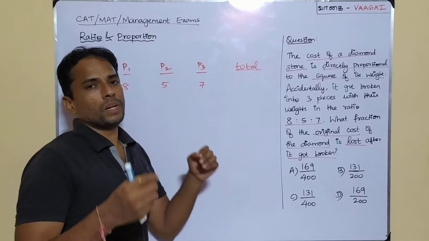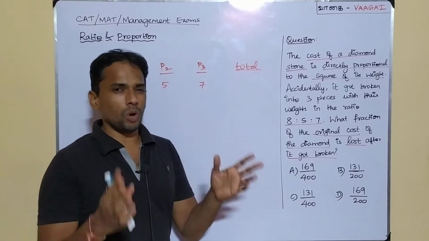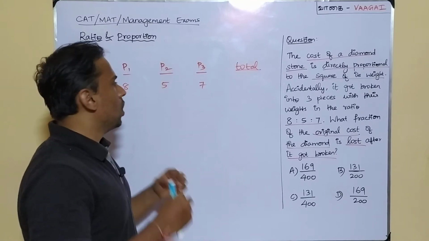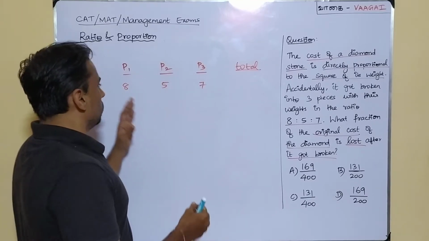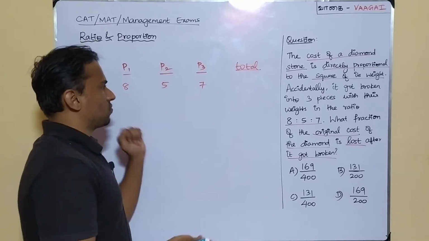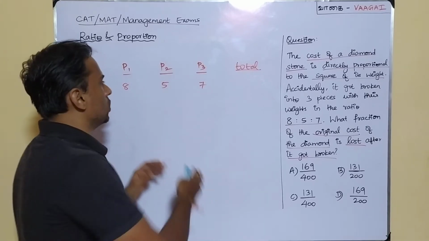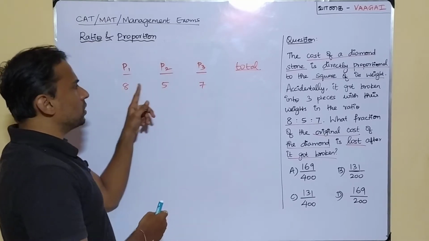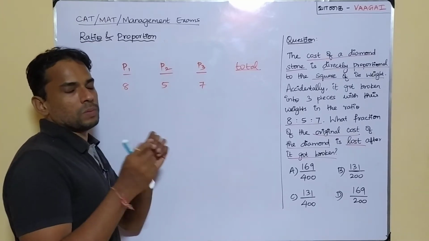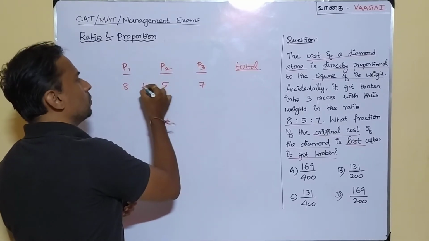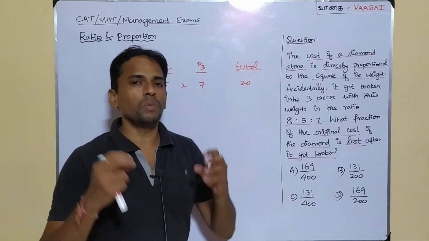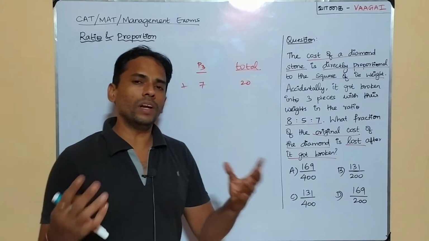Without going into those complications, we'll just see how many parts each of them is. This is 8 parts, this is 5 parts, and this is 7 parts. That's it. So what would be the total? Total will be 8 plus 5 plus 7, which is nothing but 20. So the total weight is 20 parts, or we can take it to be 20 units.